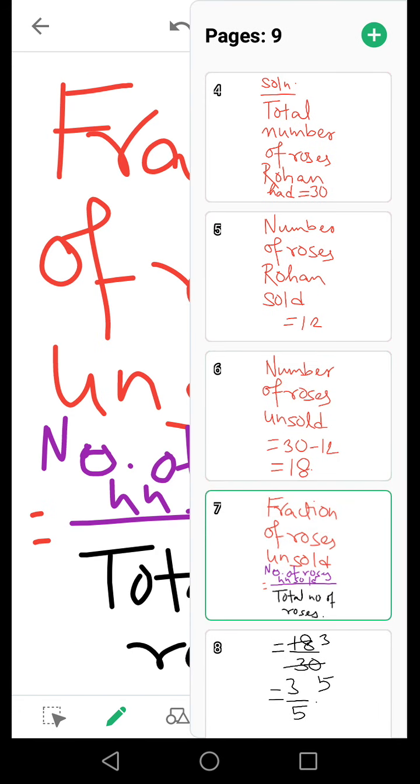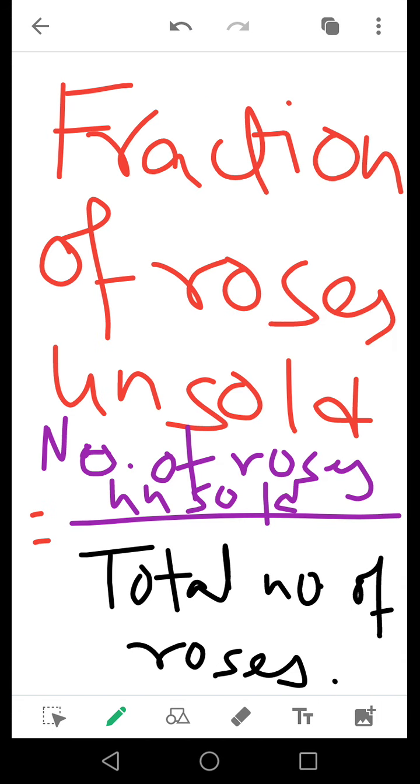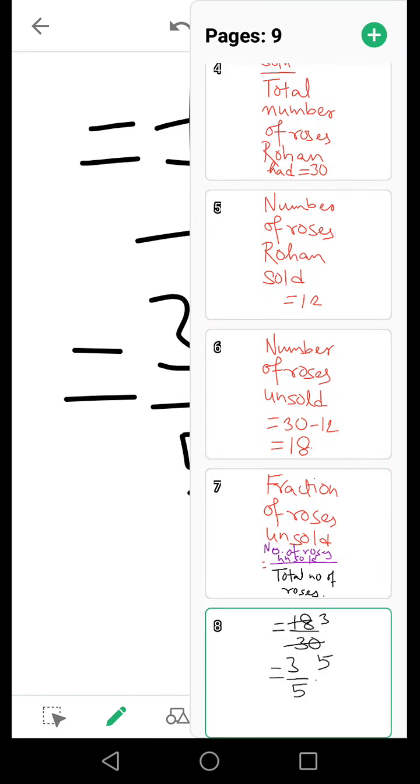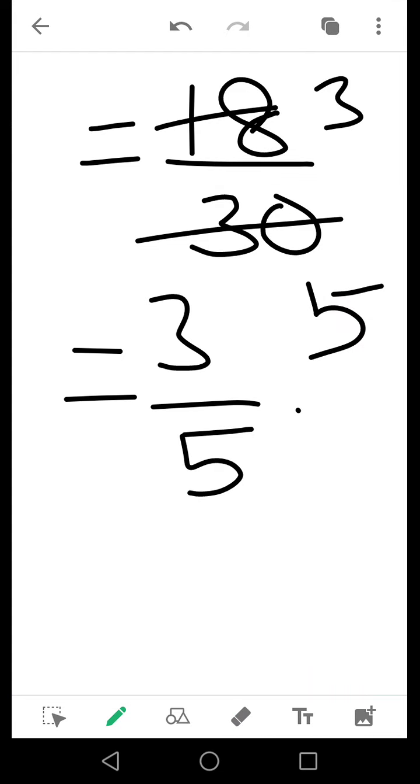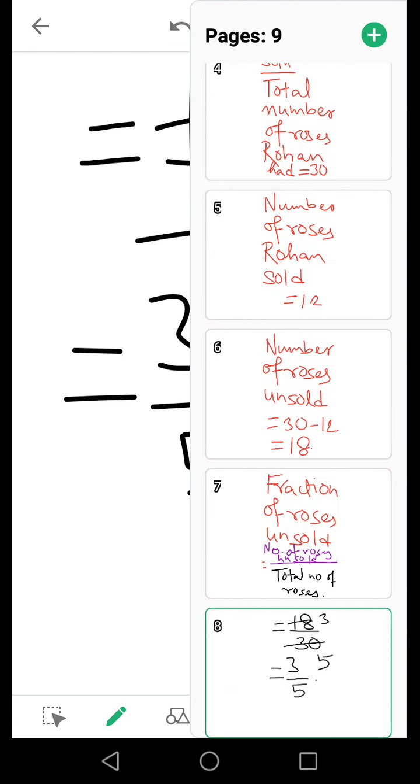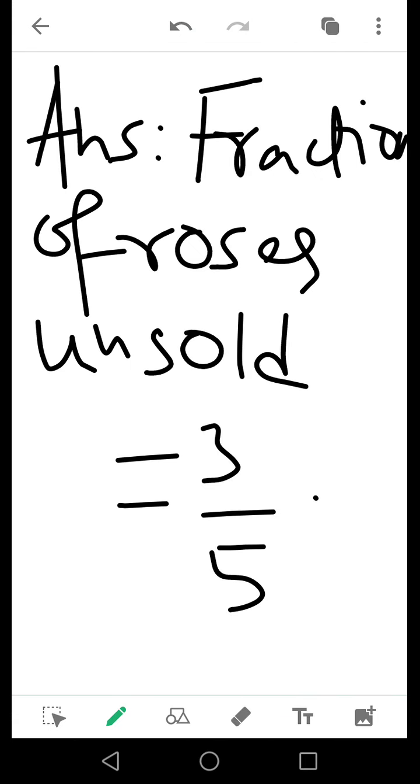Now, in order to calculate the fraction of roses unsold, we have to divide the number of roses unsold by total number of roses. As you can see, this will be a proper fraction. Coming to the next board, we get 18 in the numerator, 30 in the denominator. If we cancel them with common factor 6, we get 3 in the numerator, 5 in the denominator, that is the fraction is 3 by 5. Now, coming to the statement part, we will write fraction of roses unsold is 3 by 5.